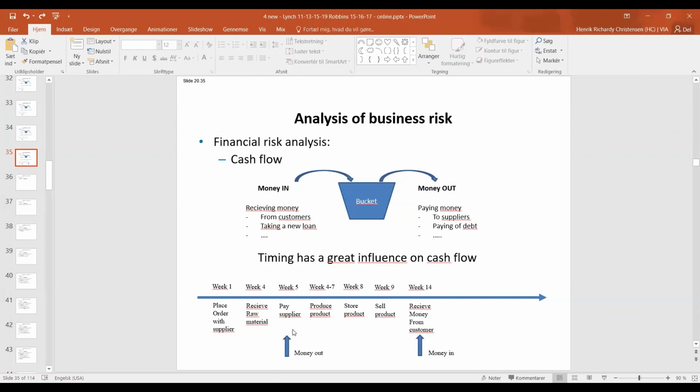And please notice this little one, produce product. Not only do we have to pay our supplier before we sell and receive money from our customers, we also have to produce it. This means that we spend a lot of money on labor, and we spend money on rent for our buildings. So we have a lot of extra costs going into the production of the product.